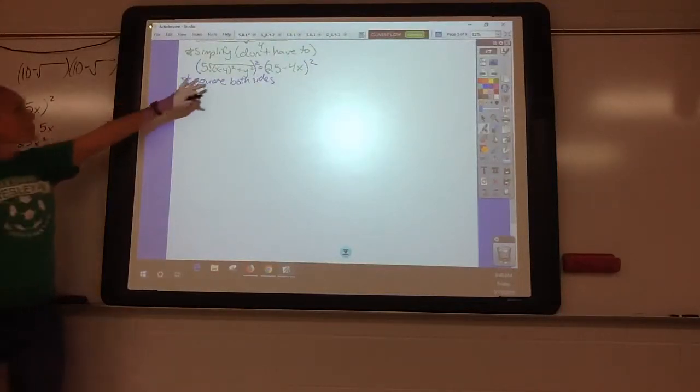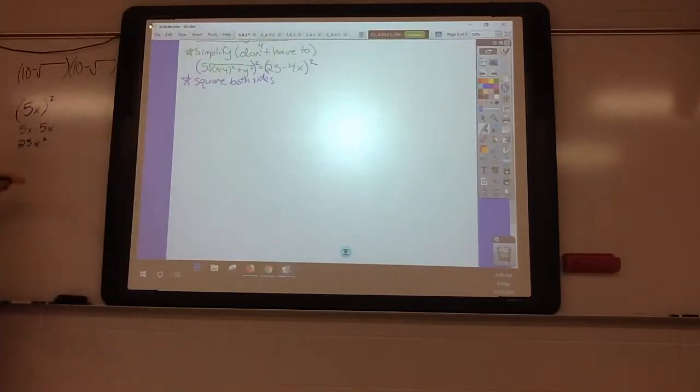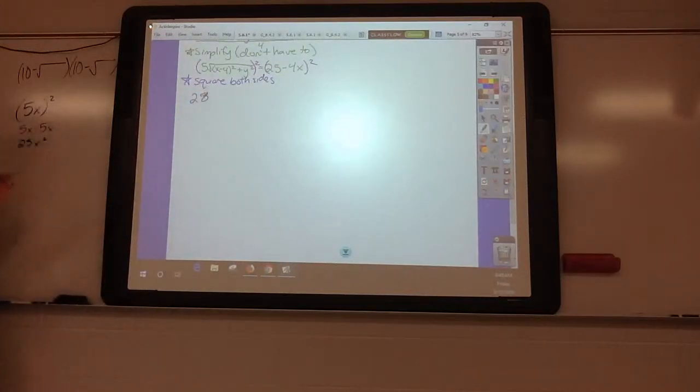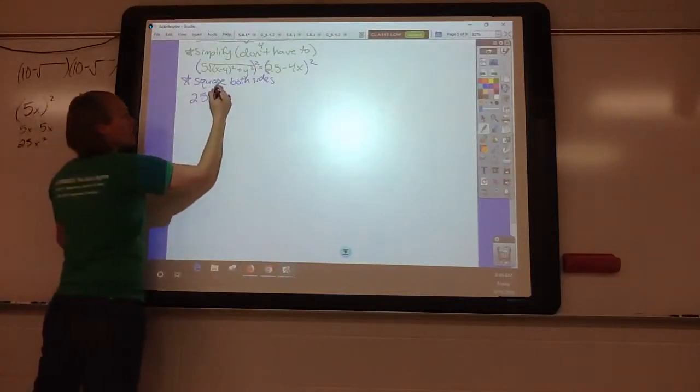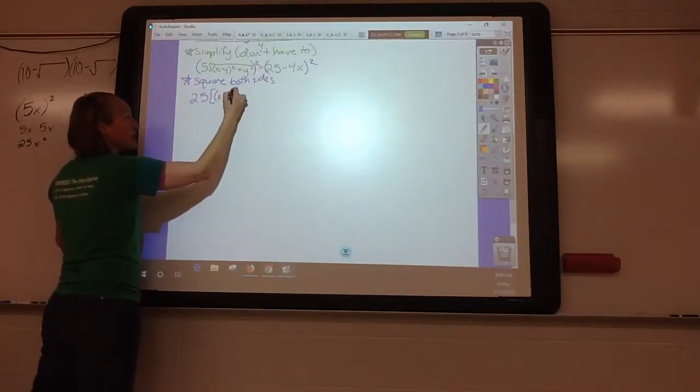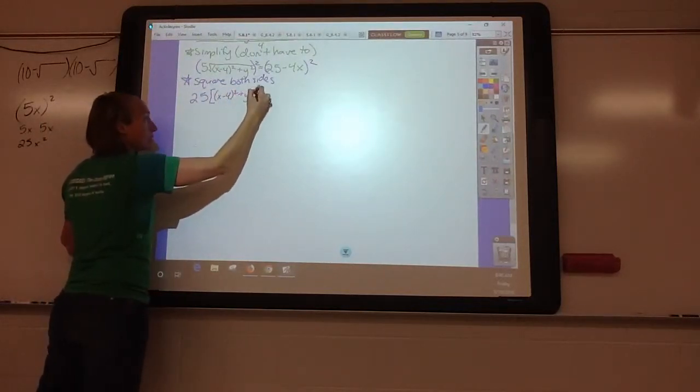When you square something like this, it works the same. It's 5 root times 5 root. So the 2 5's get multiplied together, and you get 25. And the 2 roots get multiplied together, just like the 2 x's got multiplied together. And anytime you multiply 2 roots that are the exact same, the root just goes away. So I'm going to, in here, have the quantity of x minus 4 squared plus y squared.